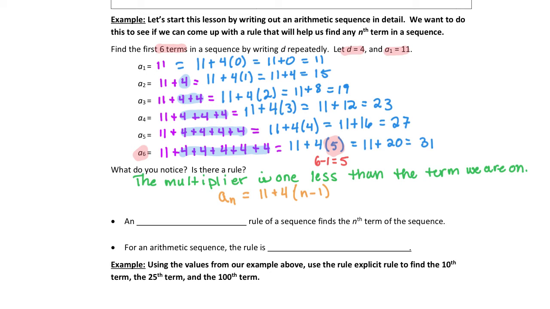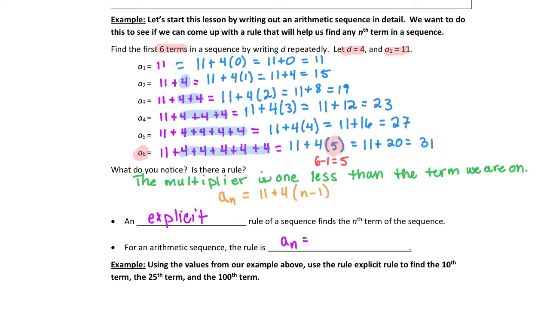So this is called the explicit rule. An explicit rule of a sequence finds the nth term of the sequence. For an arithmetic sequence, here's the rule. For any term, remember that this 11 was our first term.